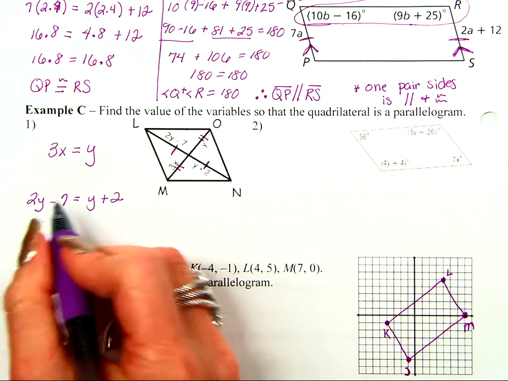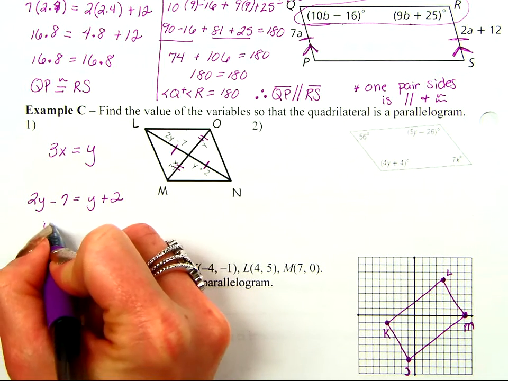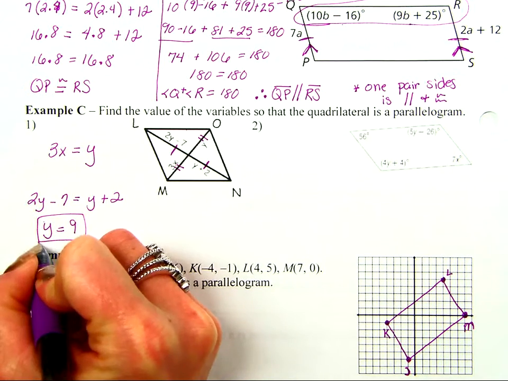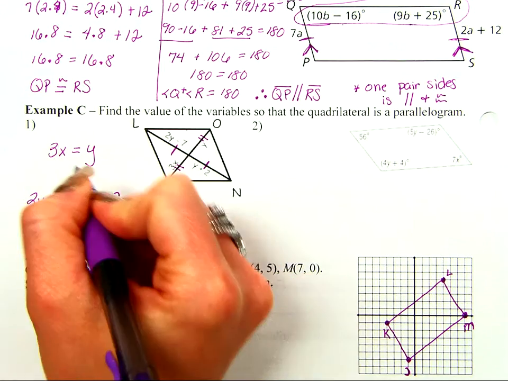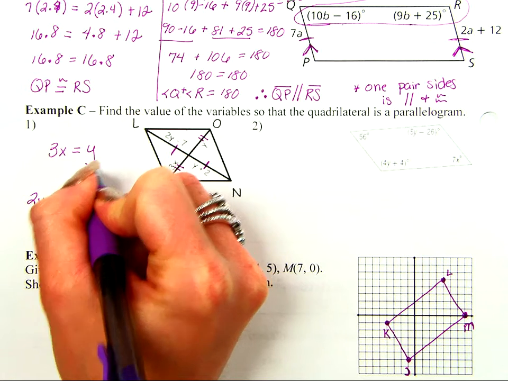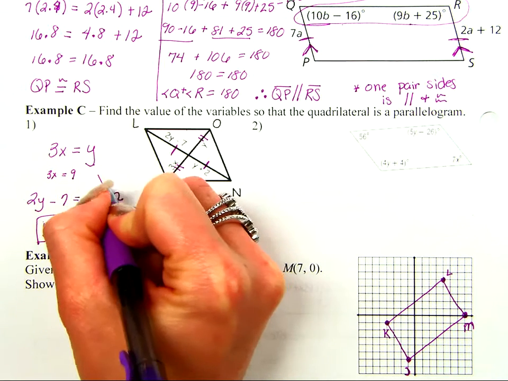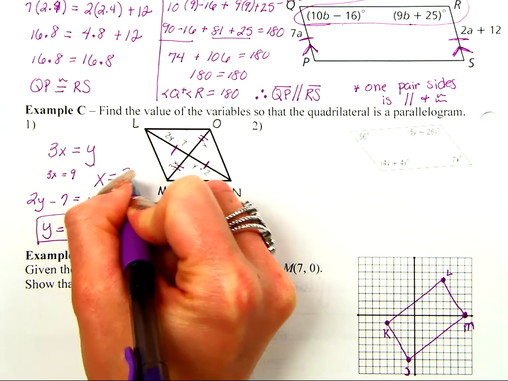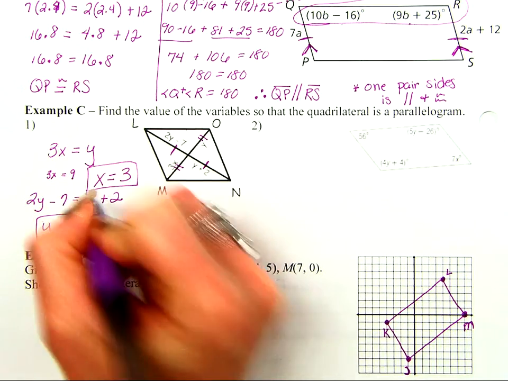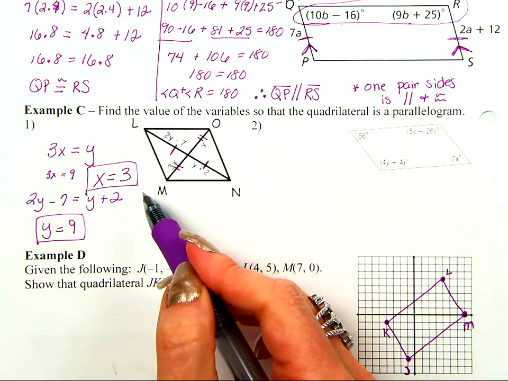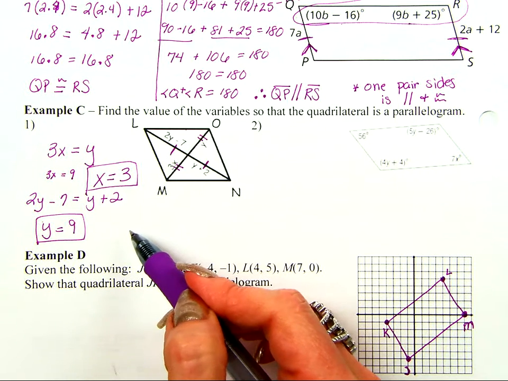So if we were to get our y's on one side and our numbers on the other, we would find out, okay, well, y has a value of 9. If y is a value of 9 and I plug that back in, that would mean x must have a value of 3. So in order for this to be a parallelogram, I would need x equal to 3 and y equal to 9.